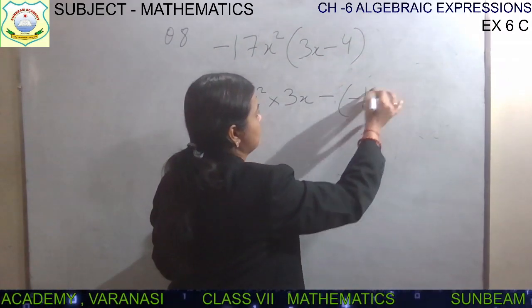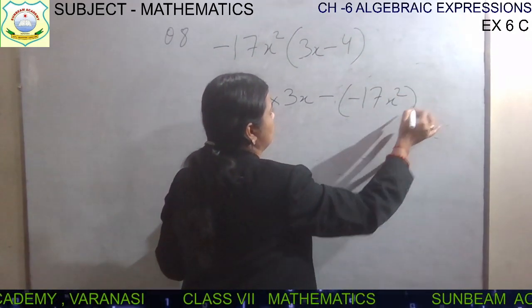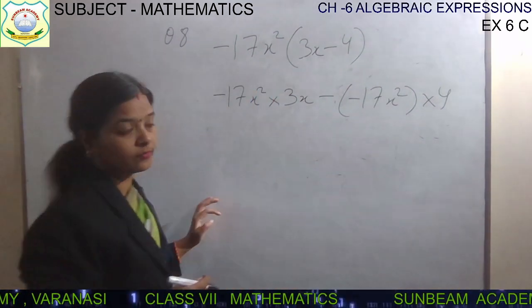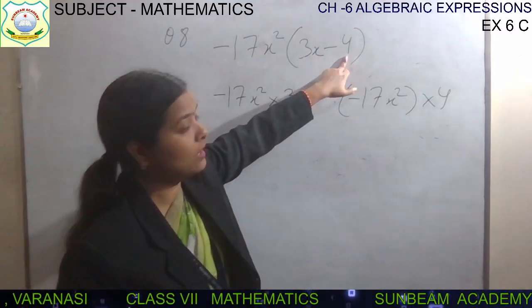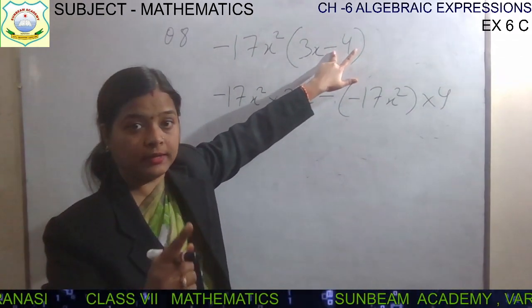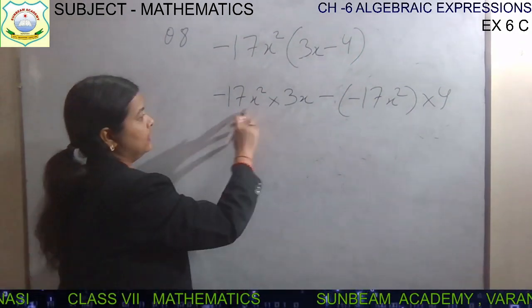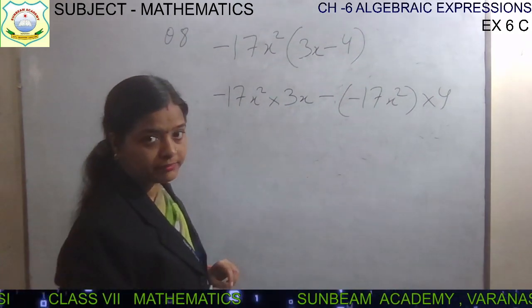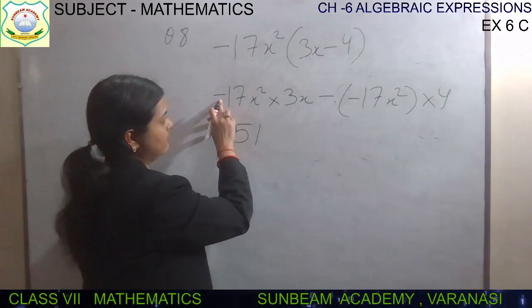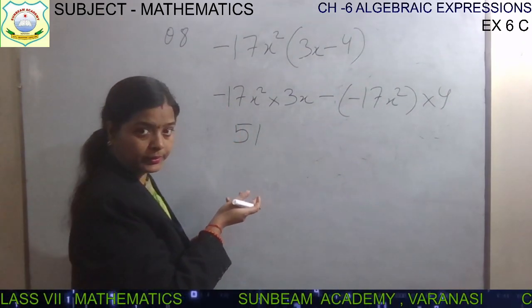In this way you can write. What will this multiply with? Now with 4. The sign has already come here, so this sign will not go with 4. Now 17 threes are 51. So write down 51 and the minus sign will be there. I am doing it directly.